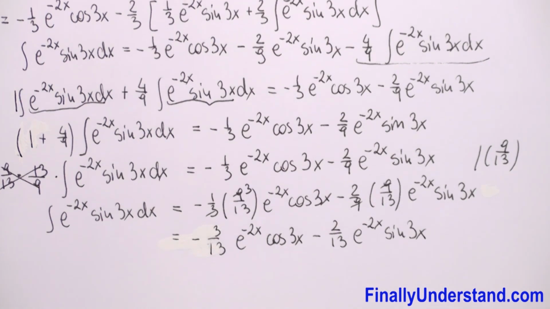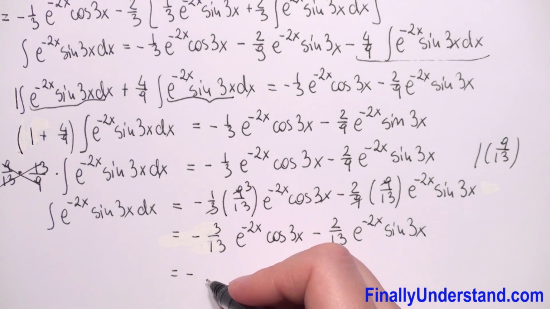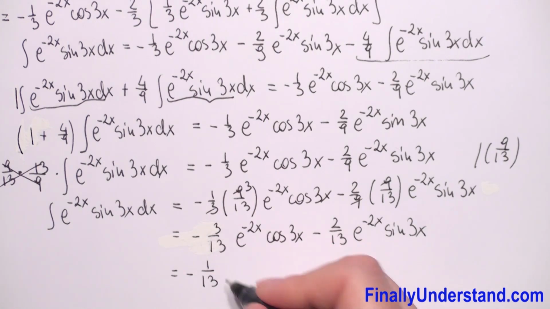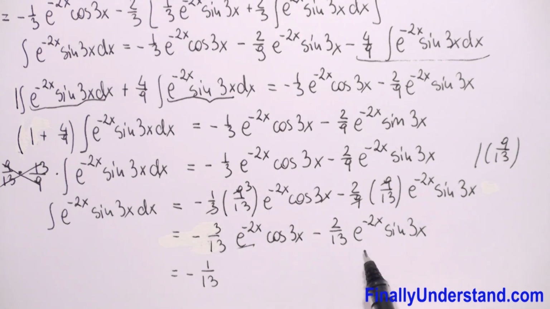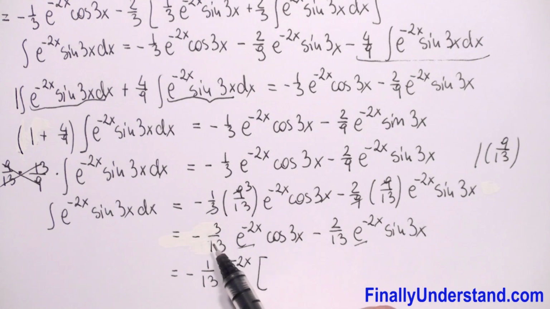Next, we can factorize negative 1/13, and because we have negative and negative, and we have e to the power negative 2x in both expressions, it will be e to the power negative 2x. We can factorize, and in brackets what is left?